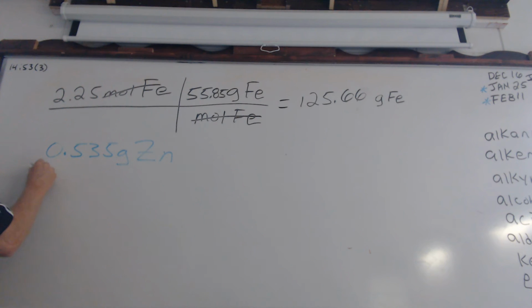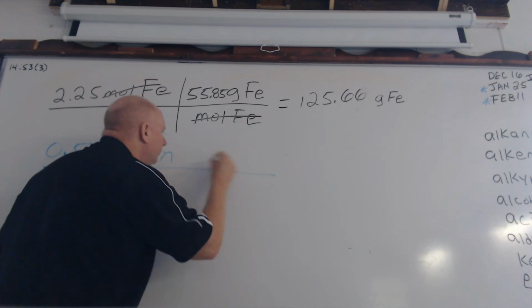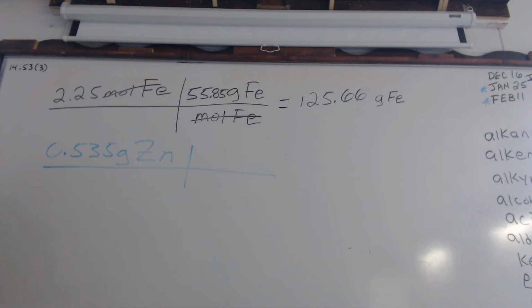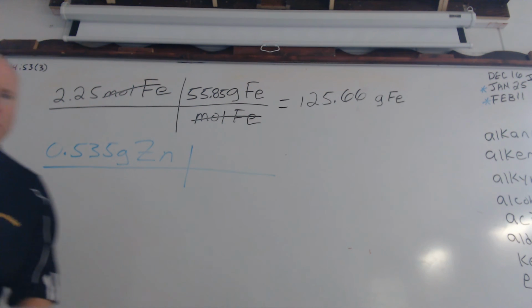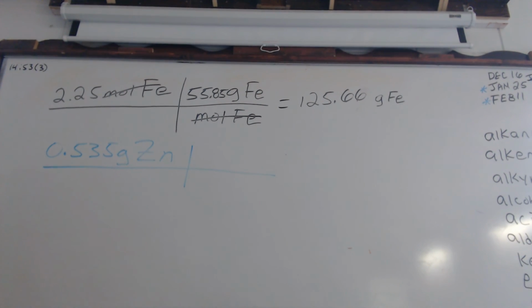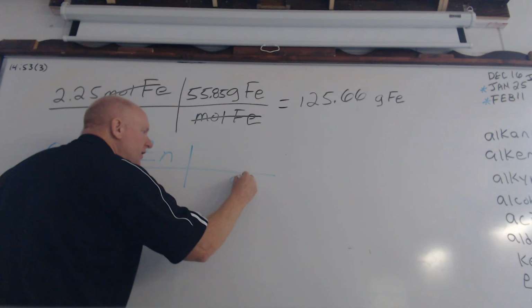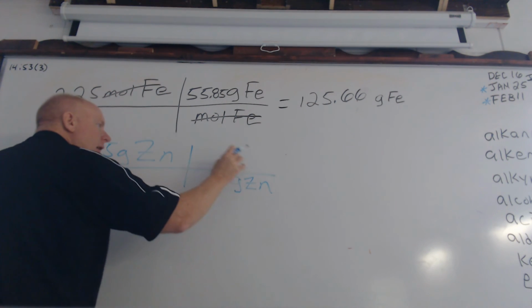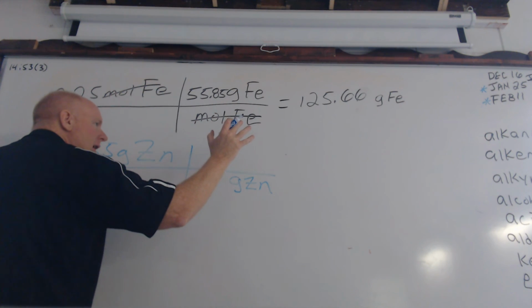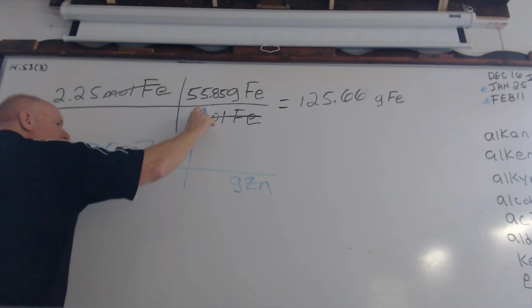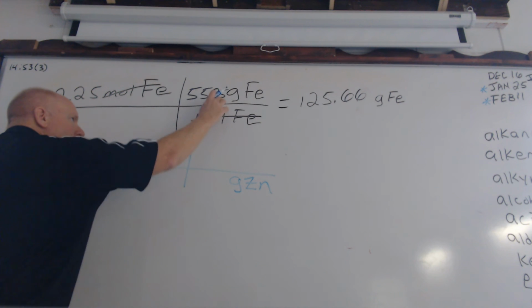In our next step, we need to get rid of that gram. How do we get rid of grams in our next step? Put it on the bottom. Grams of zinc. And from the periodic table, notice this was grams per mole before.